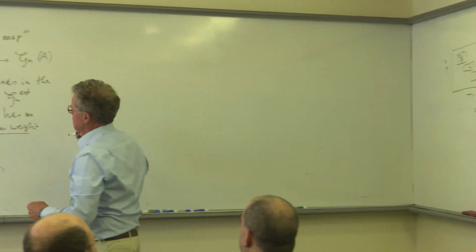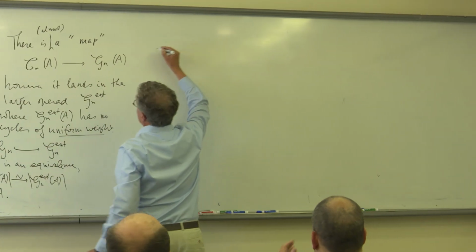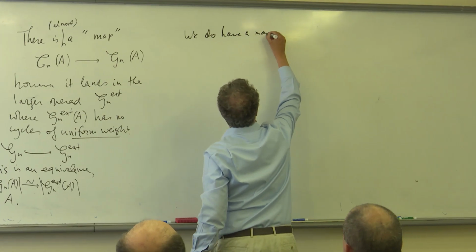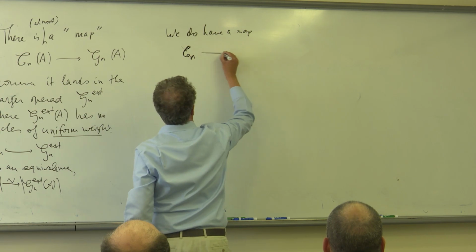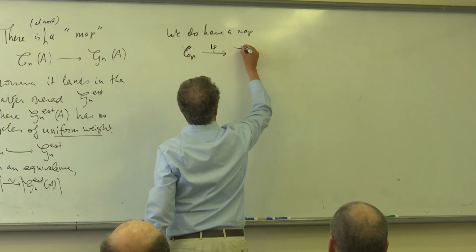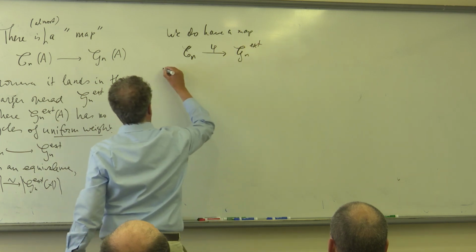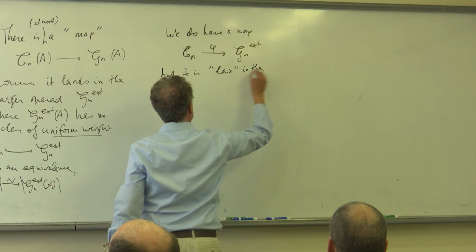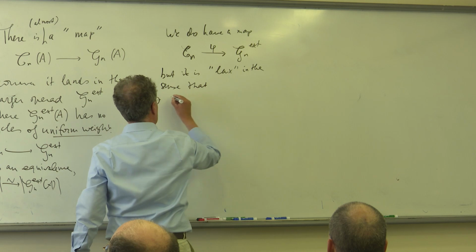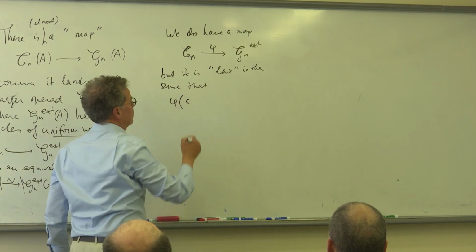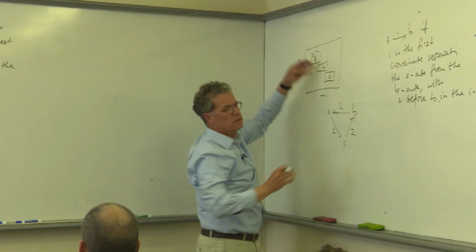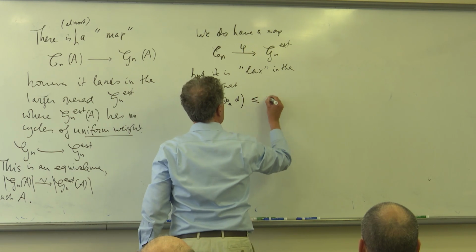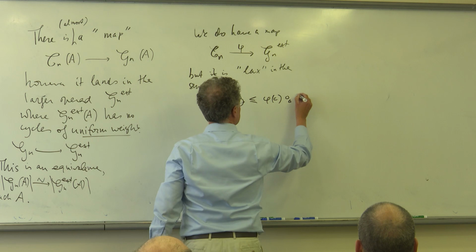So what this means is that we do have a map, which I think I call phi, from Cn to Gnx, but it is lax in the sense that phi of, if you have a configuration C, so C is a configuration of lots of little cubes indexed by A, and I substitute for a little A another one, then the separation may go down compared to what I do here.